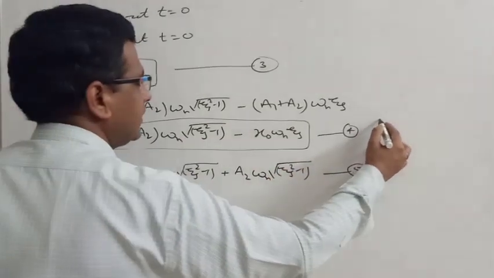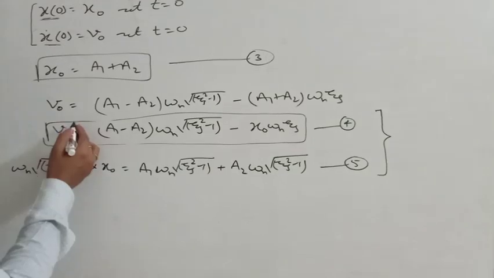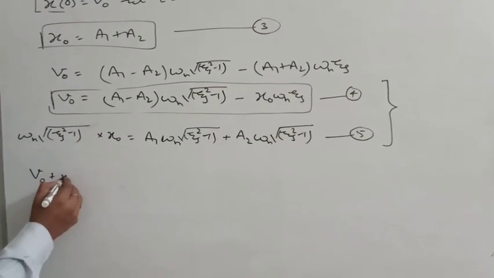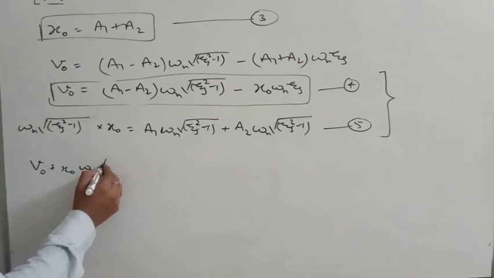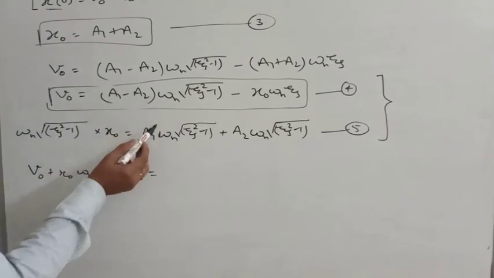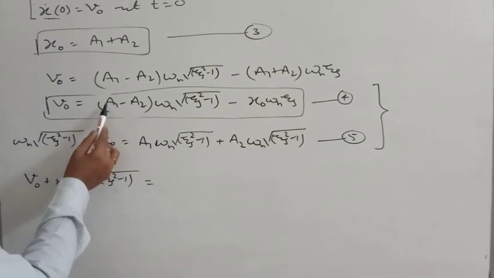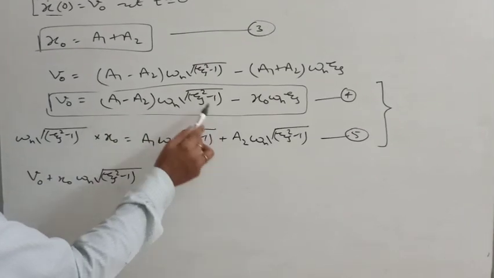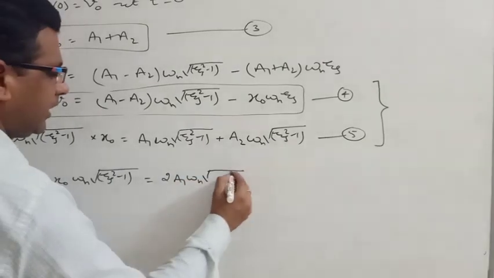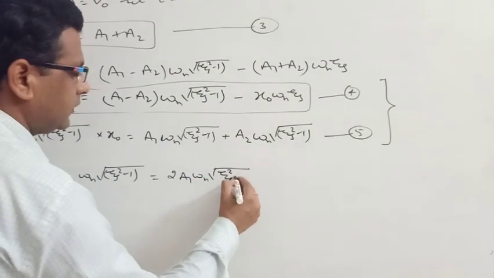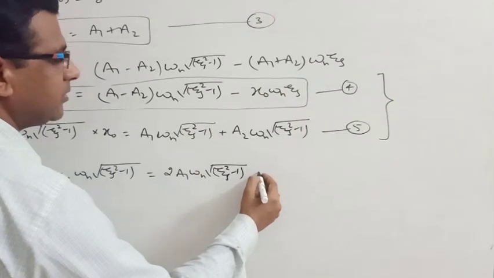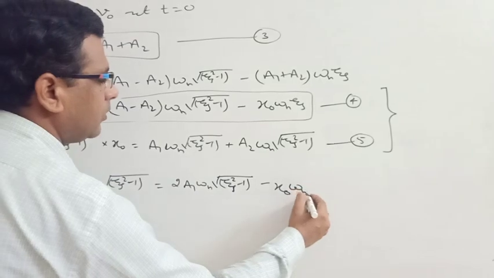Now adding these two equations, this term equals v naught plus x naught omega n under root of zeta square minus 1 equals only a1 terms, because this is minus and this is plus, they cancel out. Only a1 terms remain, that's why twice a1 omega n under root of zeta square minus 1, and this term is minus x naught omega n zeta.